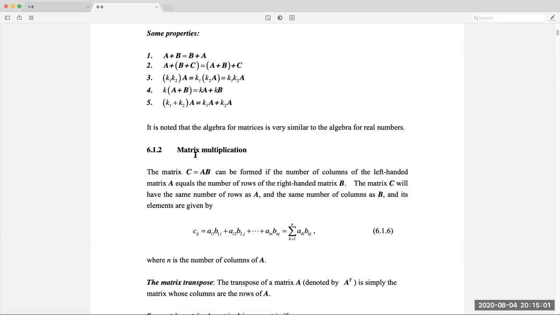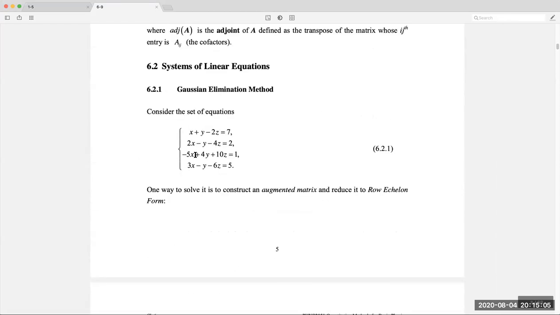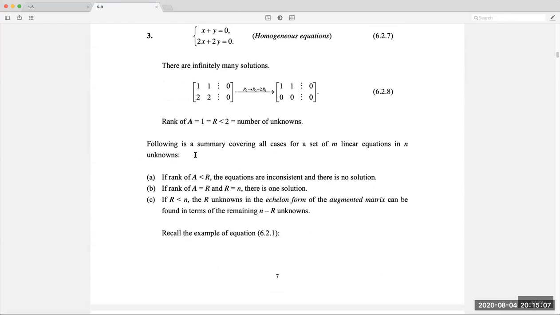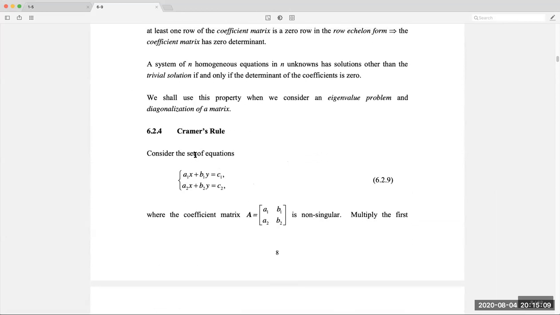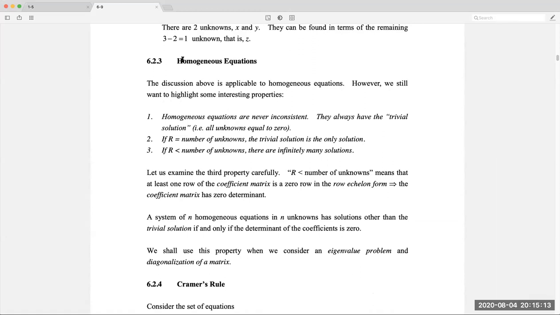So you may need to read it. Can you use matrix in second order or first order? First order, no need to use matrix. For second order, yes, you may, if it is a system of linear equations.